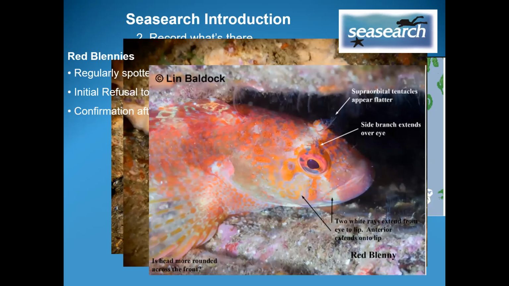They're flatter than tompots, and they extend over the eyes, and then you need to be looking at the mouth. And the reason for showing this is to say, trying to get a picture of the dorsal fin and saying I've got it or not got it doesn't really cut it if you want to do proper ID. You need to get the right photograph to be able to do photo ID.